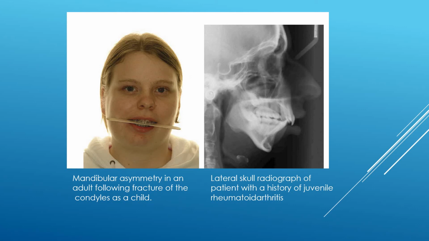The severity of the outcome is related to the age at the time of injury. However, a high percentage of children sustaining a condylar fracture have normal mandibular growth due to the reparative capacity of the condyle, even when displaced from the glenoid fossa.